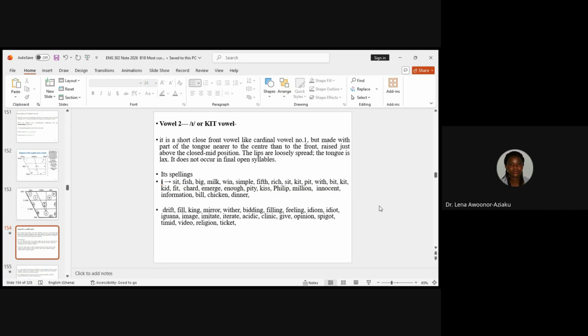So that's what we do. And I even said that they say vowels are made without constriction. It's one of the definitions of vowel.